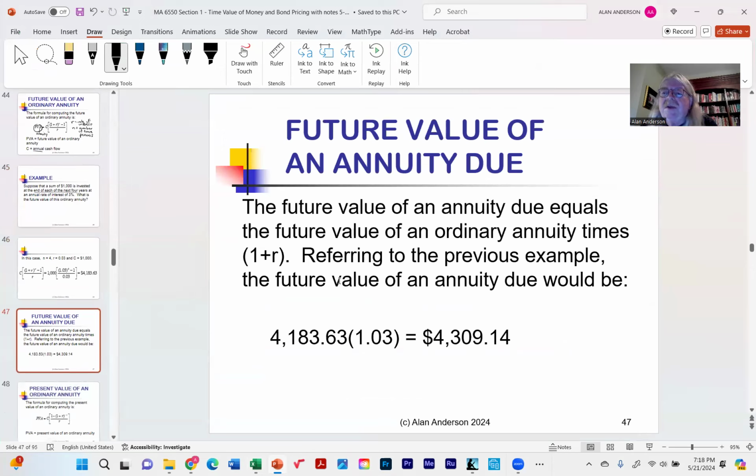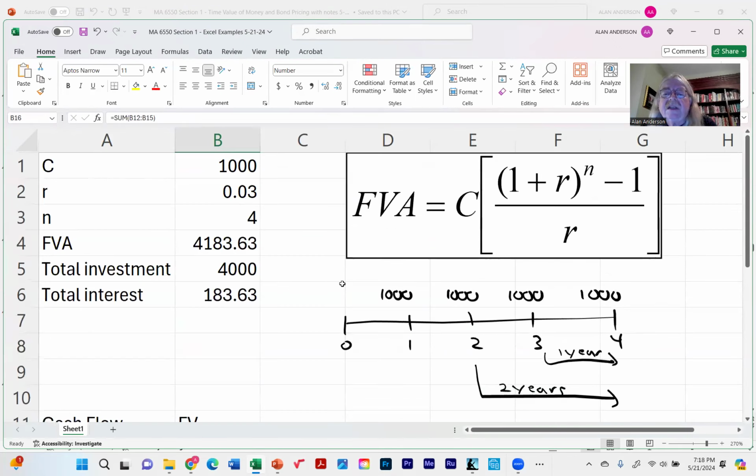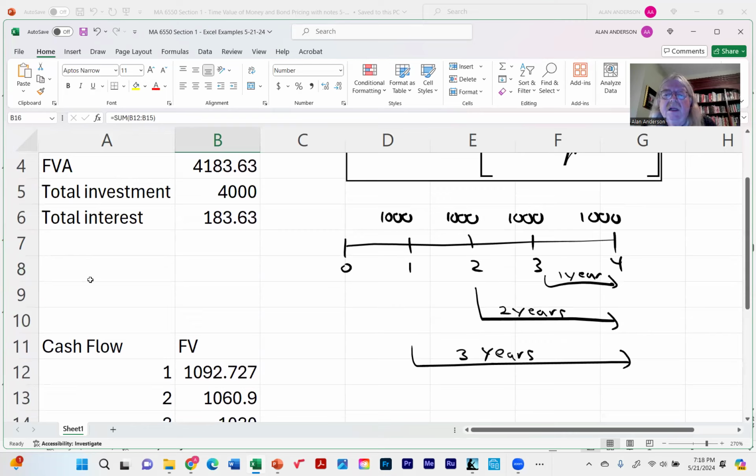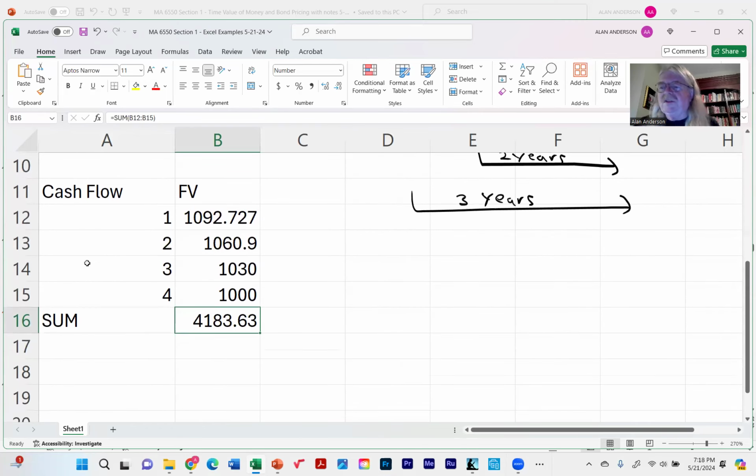Now, what if this had been an annuity due? Okay, well, that means the pattern of cash flows would be a little different. Let's see. I'll draw this down here.